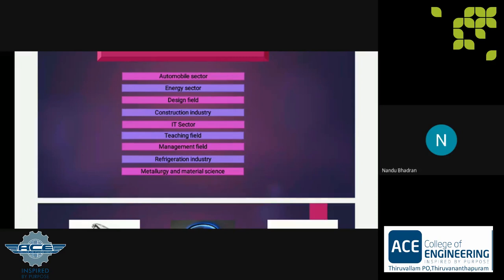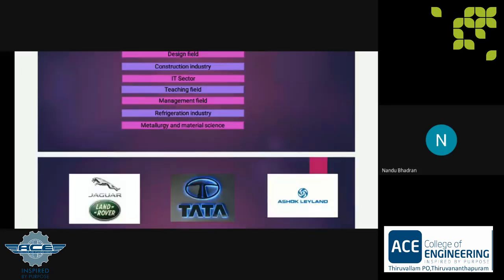Also, one of the most promising fields for mechanical engineers is the refrigeration and cooling industry, the art of cooling, or the science of cooling, to be precise, where the air conditioning systems, food storage, food preservation, which is a vital industry for the food security and growth of a nation.